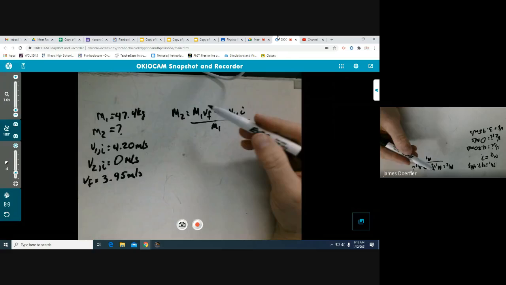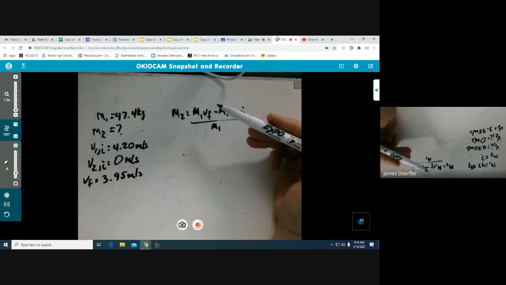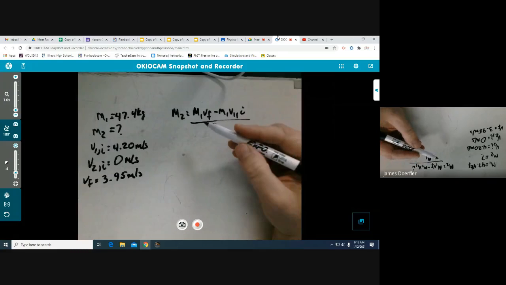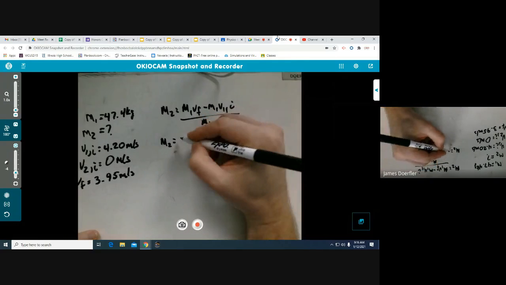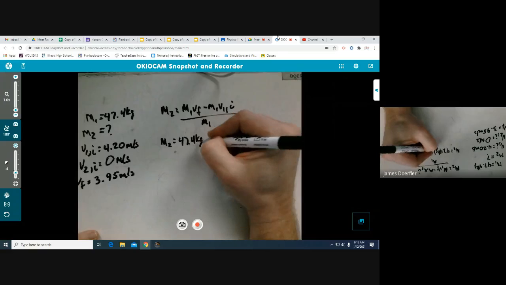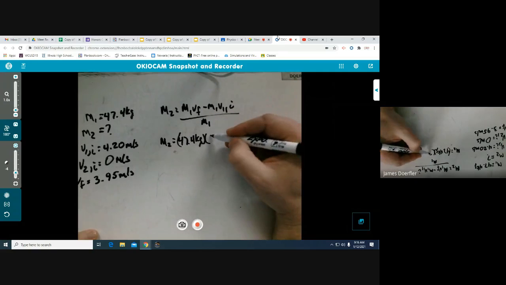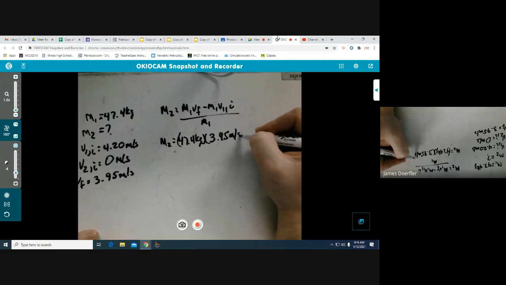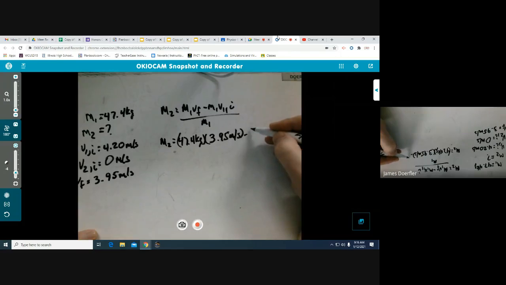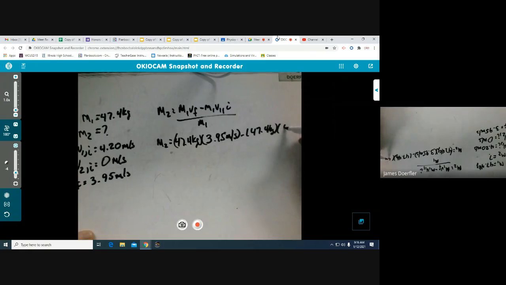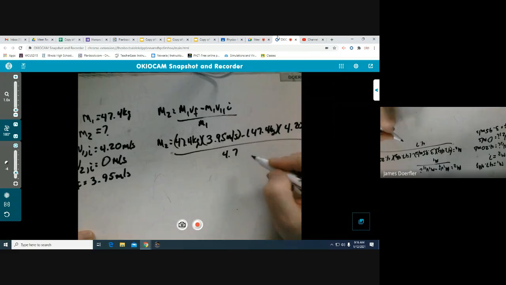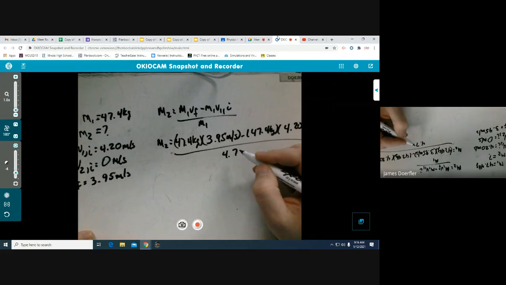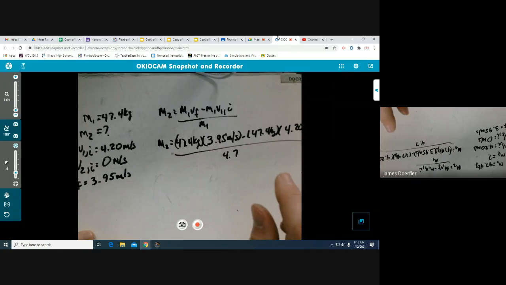You now have your equation set up to solve for the mass of your skateboard. And then we just go ahead and plug everything in. 47.4 kilograms times final velocity 3.95 meters per second minus 47.4 kilograms times initial velocity of 4.20 meters per second divided by 40, no, where am I?